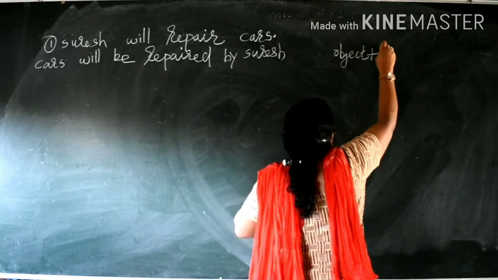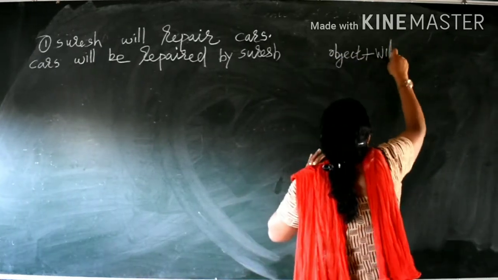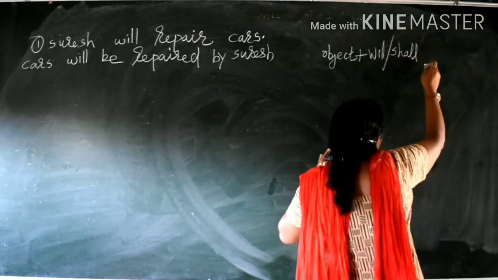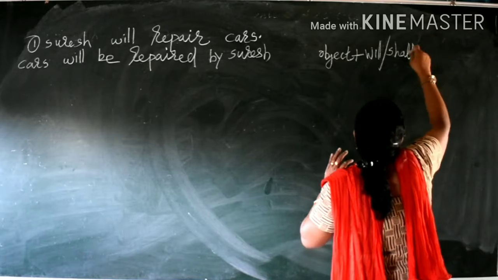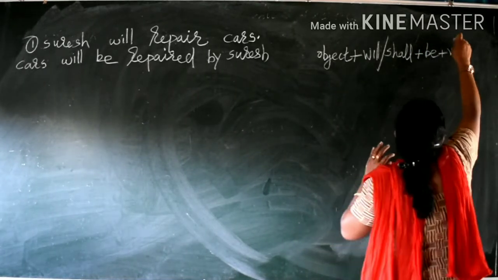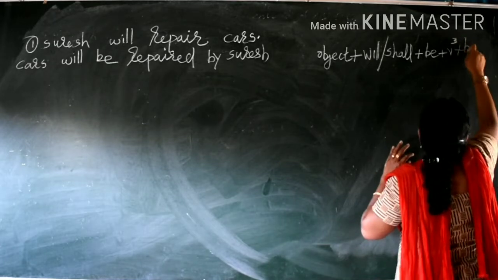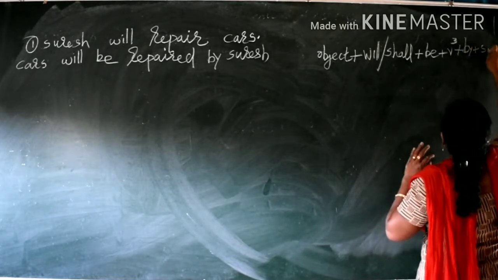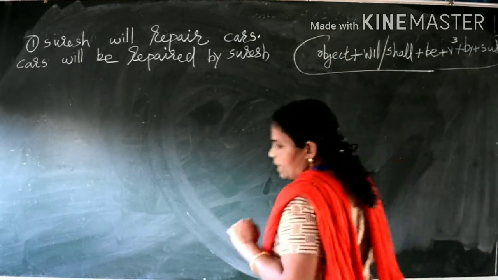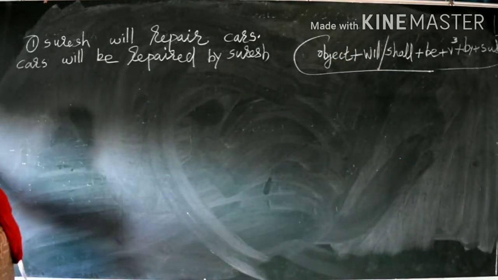Object plus will or shall, or a modal auxiliary verb also can be there, plus be plus verb 3 form plus by plus subject. This is the formula for simple future tense.